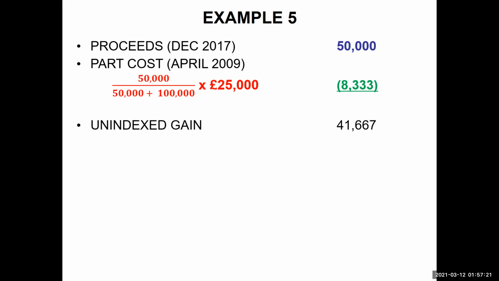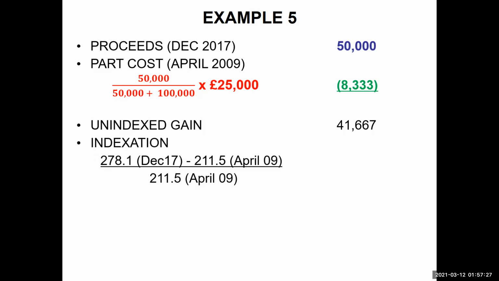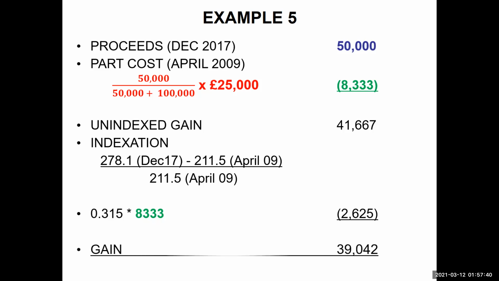This becomes our unindexed gain. There are no other allowable expenditure. We do our indexation, which we can easily now calculate. Against the cost of 8,333, that gives us 2,625 subtracted from the unindexed gain of 41,000. And what we get is a gain of 39,042.